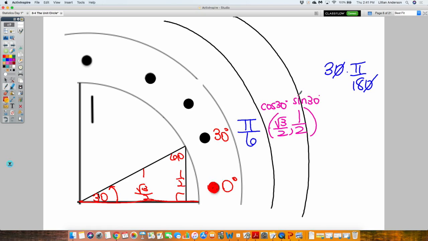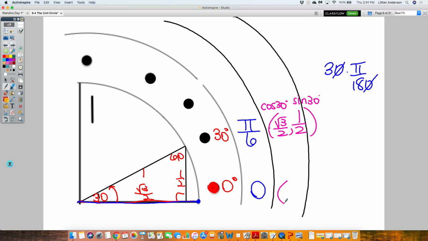0 degrees as a radian is what? It's still 0, because 0 times pi over 180 is 0. Now the ordered pair, because 0 goes all the way to the edge of the circle, it would be 1, 0.